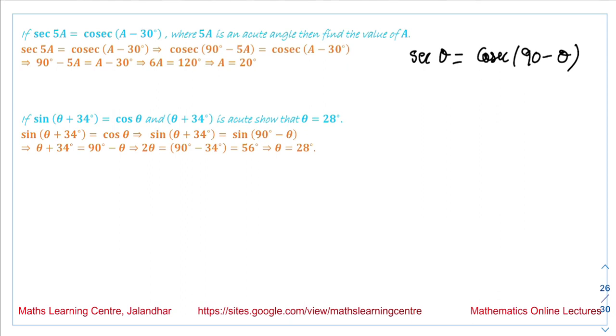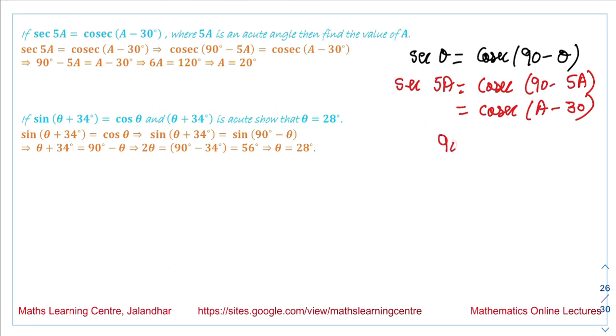So in place of theta, if we write 5a, we are getting cosecant of 90 minus 5a, and this value is given equal to cosecant of a minus 30. So what we get is that 90 minus 5a is equal to a minus 30.